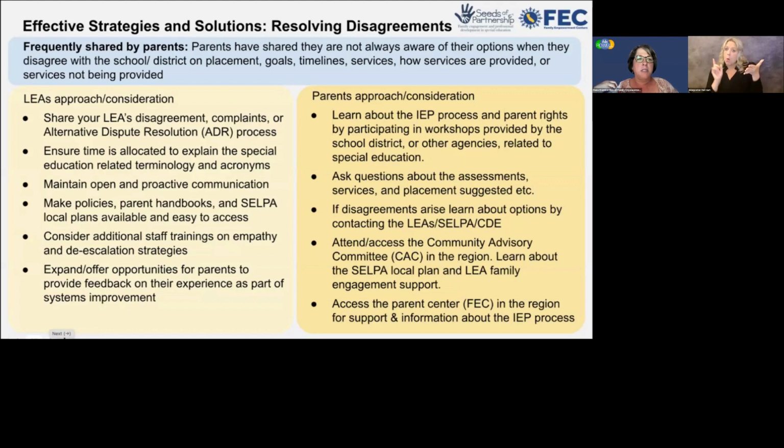They ensure the time is allocated to explain all of the special education terminology, because the terminology is acronym alphabet soup, and it's great to have that explanation. Parents love that. They maintain open and proactive communication.